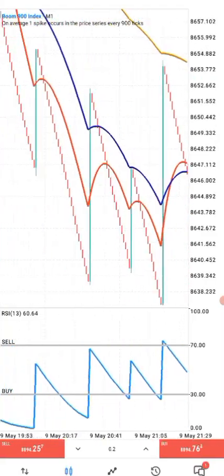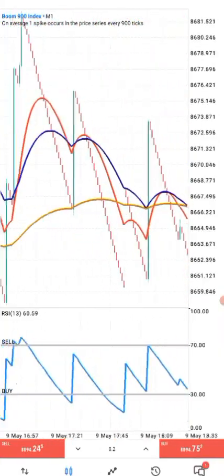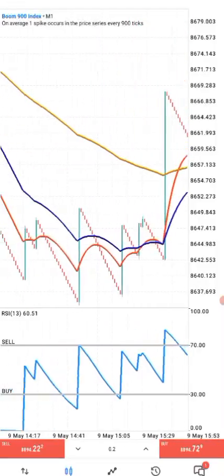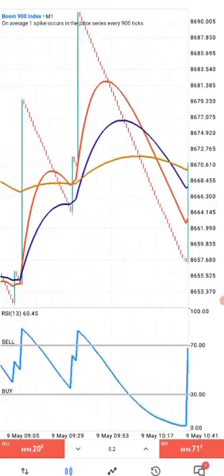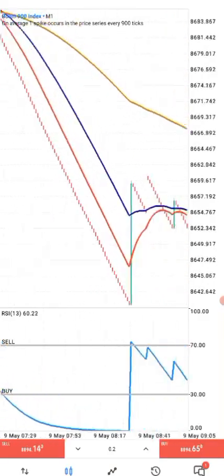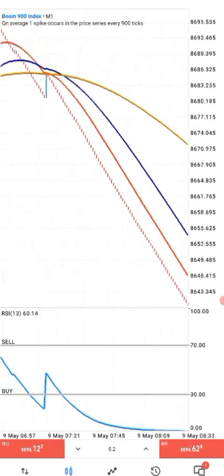Let's look at it. This strategy works 100%. Just don't be greedy.